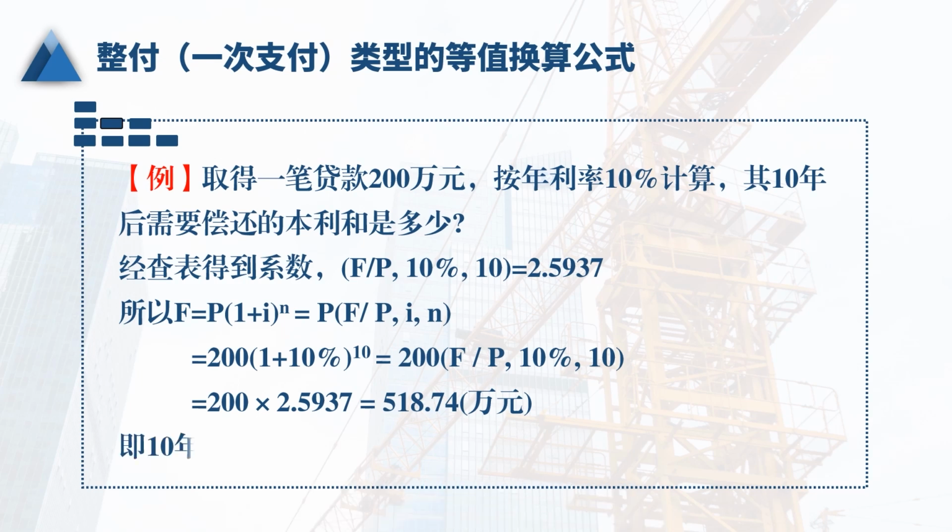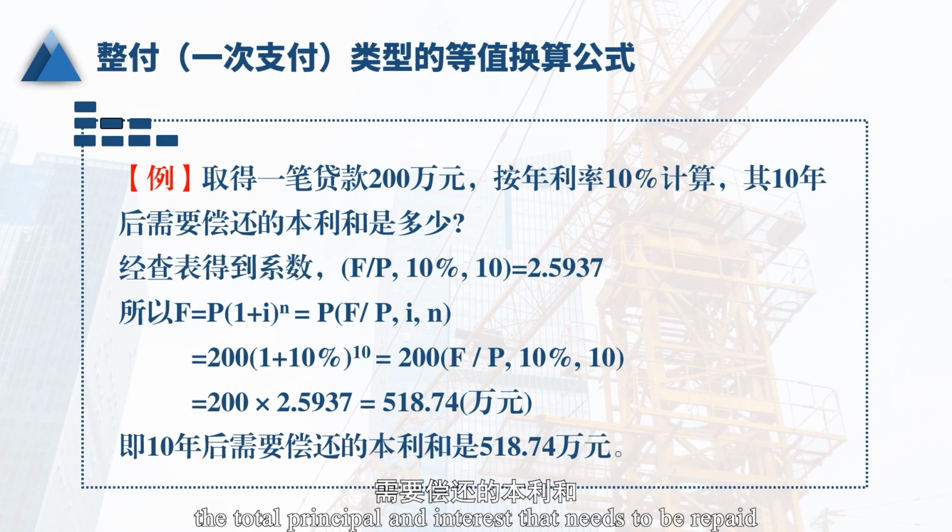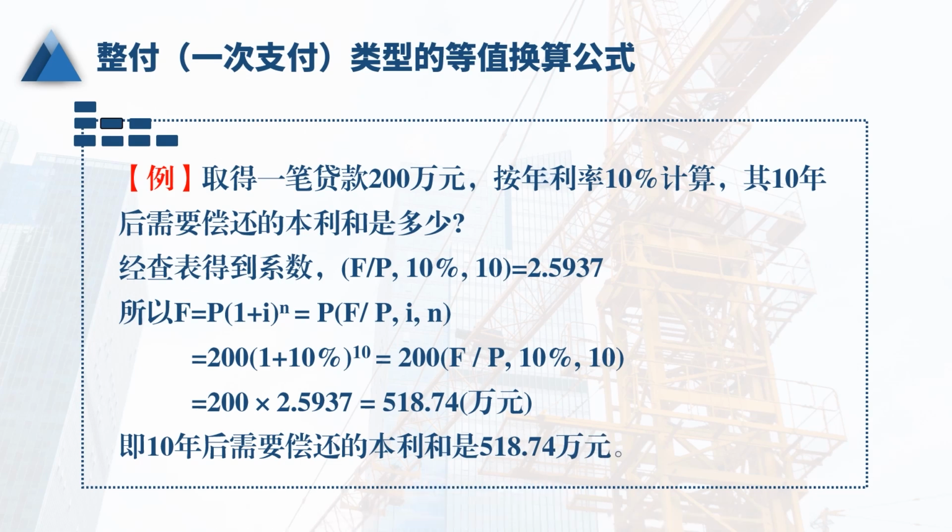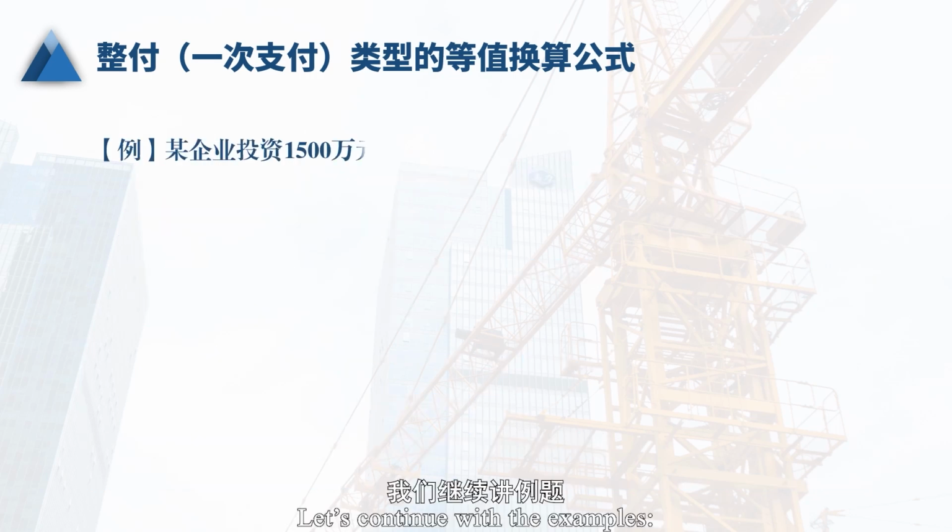In other words, the total principal and interest that needs to be repaid after 10 years is 5.1874 million yuan. Let's continue with the examples.